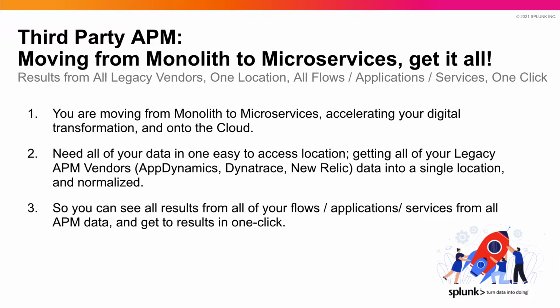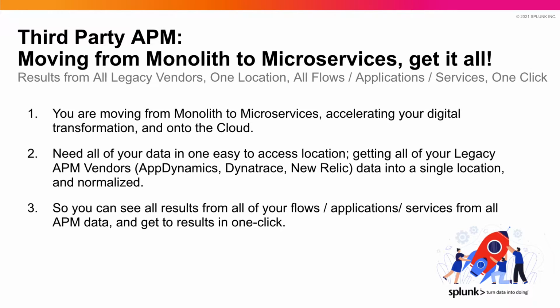Number two, we need all of your data in one easy to access location, getting all of your legacy APM vendors, so AppDynamics, Dynatrace, New Relic, data into a single location and normalized. So, again, we want all of this data to be recognized as the same and easy to access in one place.